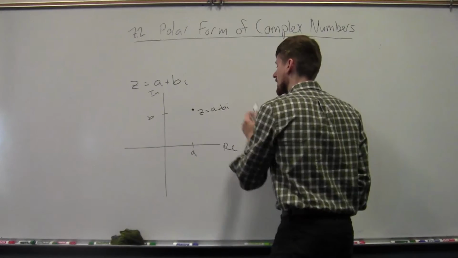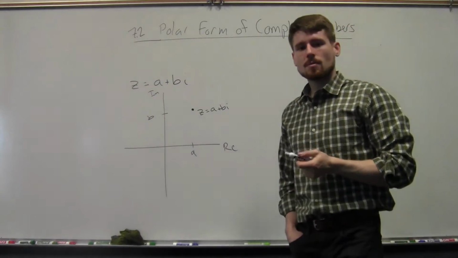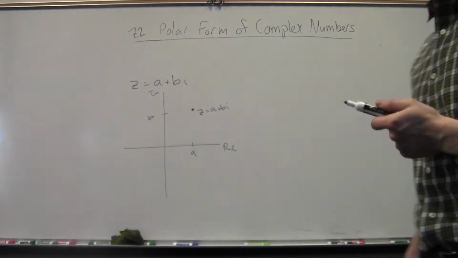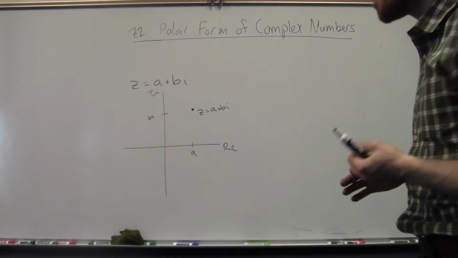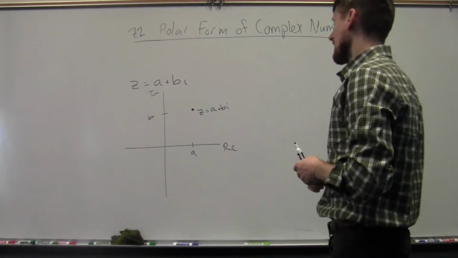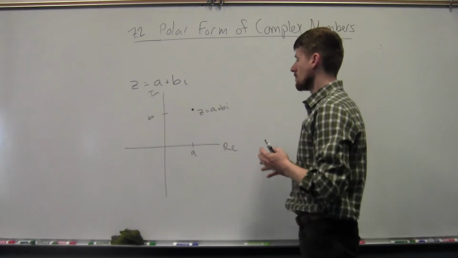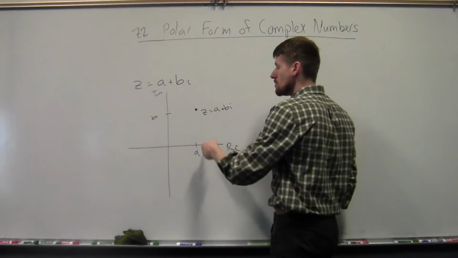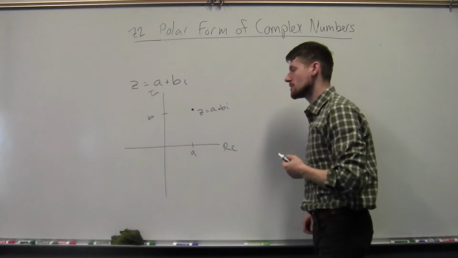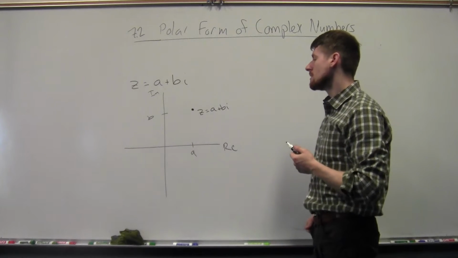A plus bi. Now it's written differently from a point because it doesn't have the parentheses and the comma, but it behaves in all respects as a point would, in that it has two pieces of information to describe where it is in space.